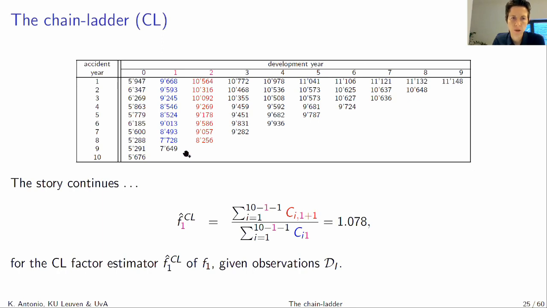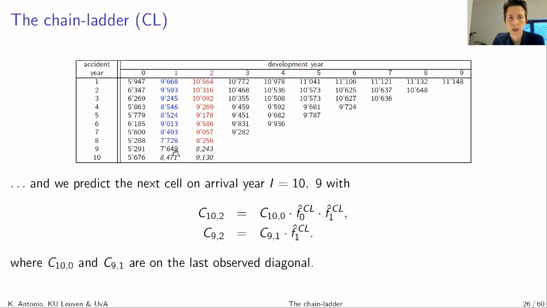Having this factor, I do my multiplication, and I multiply either the most recently observed amount in development year 1 with my development factor to go to the next cell, or I use the estimate that I already have over here, multiply it again with my development factor, and I get my prediction over here. So that's what's written here in math notation.